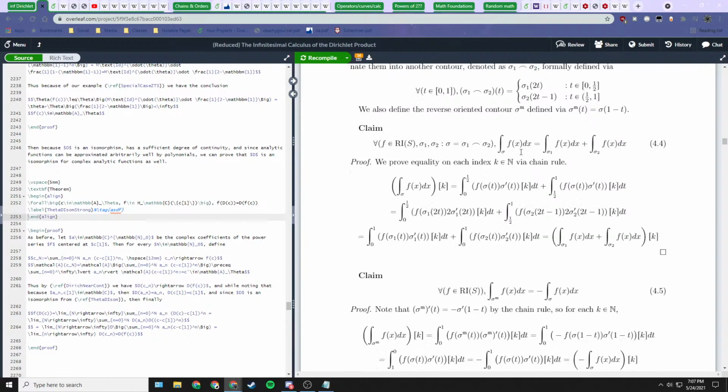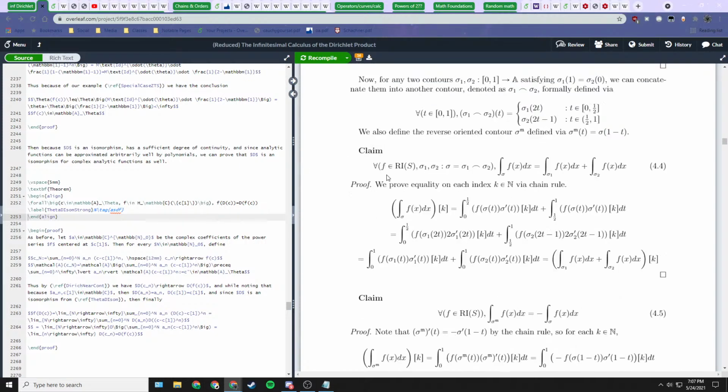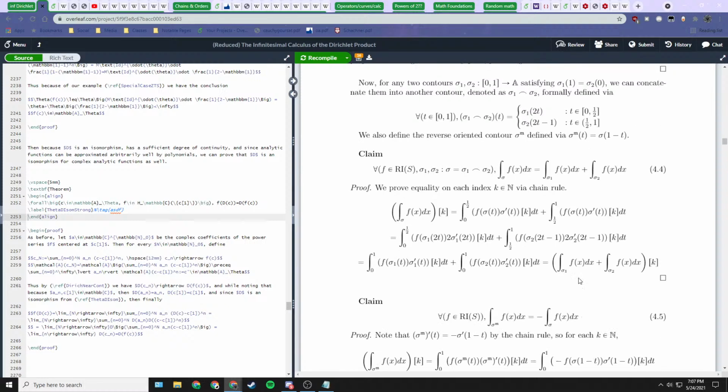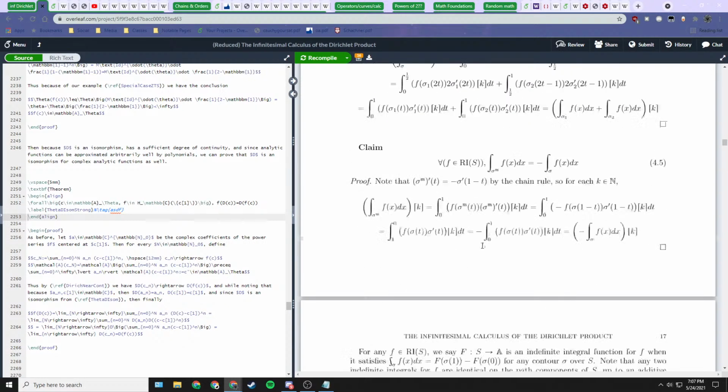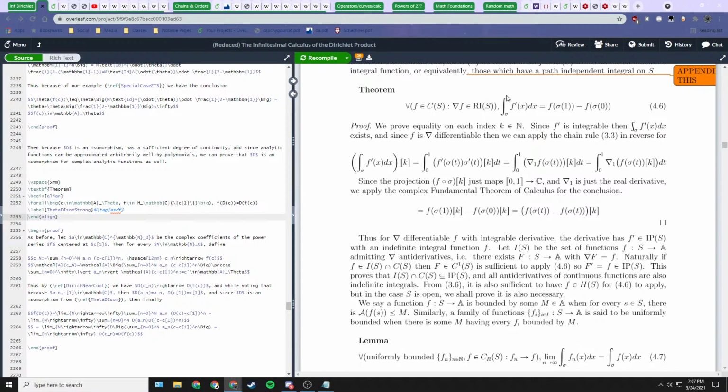We could do something like this if we wanted, where if we concatenate, yeah. So we've got a couple of claims here. I'll leave them for later. They're not quite as interesting. I think we don't need them yet. The ones that are interesting are these ones.